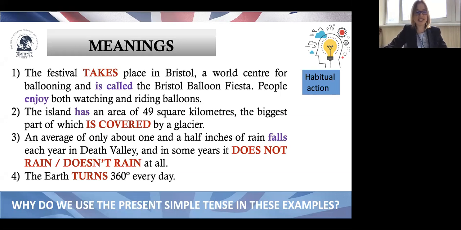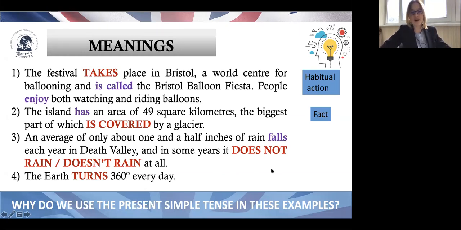So the second meaning is connected directly with fact. Agree. This is a general fact that is used. A bit controversial because if we speak about it today, it can be covered. Tomorrow, we still do not know. The fact is not true for future. That means that we use the second meaning. Exactly. What about the third one?